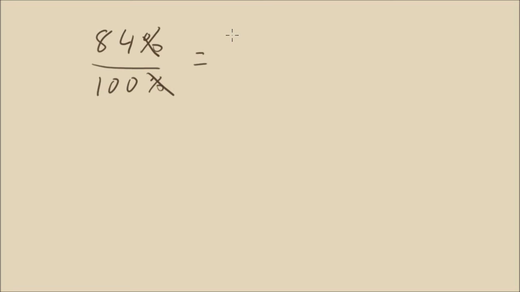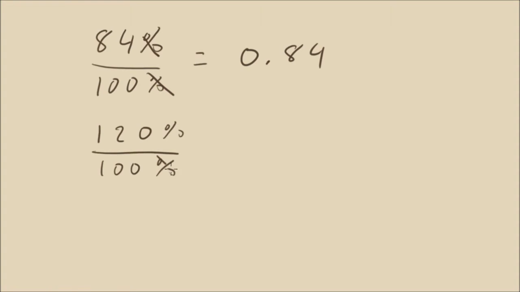If it doesn't, just skip over it. So 84% is 0.84. If I was to have a bigger number, something like 120%, I'm going to do the exact same thing. It's going to give me 1.2. So that shows you how to go from a percentage to a decimal.